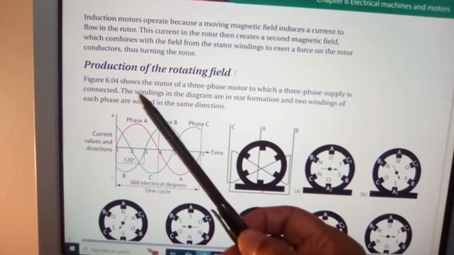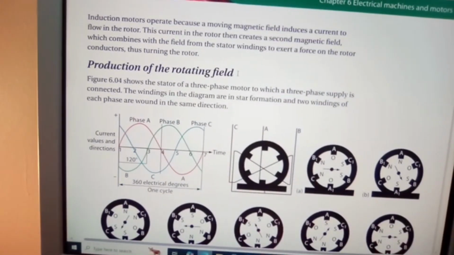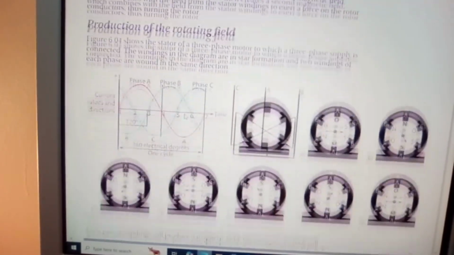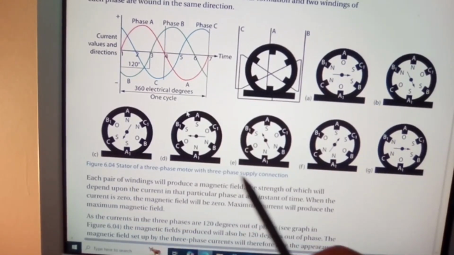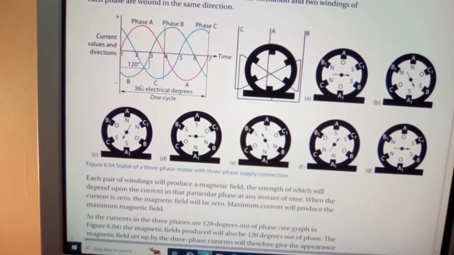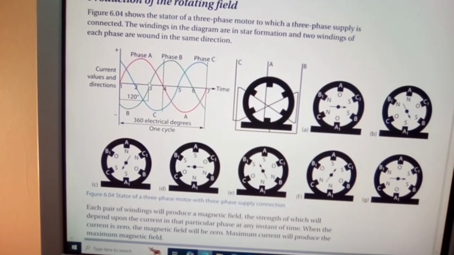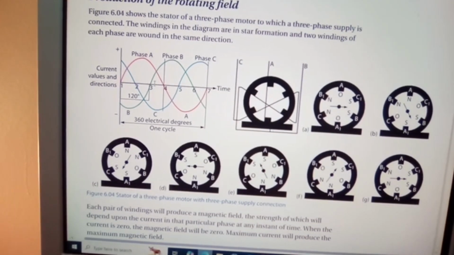Production of the rotating field, figure 6.04. Bear that in mind. Now again, remember the colors.